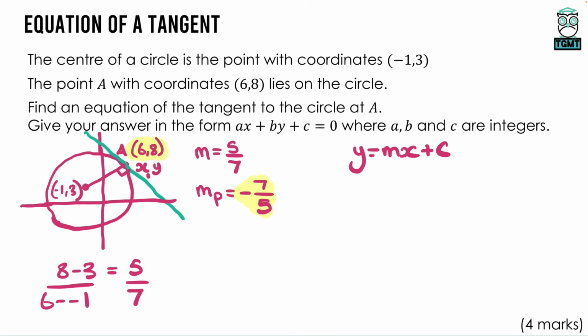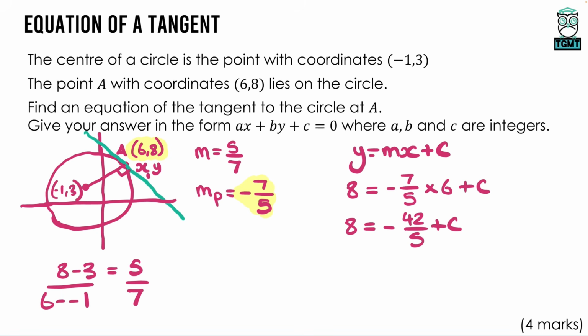So when I put those pieces in, we get 8 equals the gradient, minus 7 over 5, multiplied by the x coordinate, 6, and then plus c. And again, we're doing this without a calculator, so I just need to be careful here. So I'm going to multiply -7 over 5 by 6. -7 times 6 would give me minus 42 over 5 plus c.